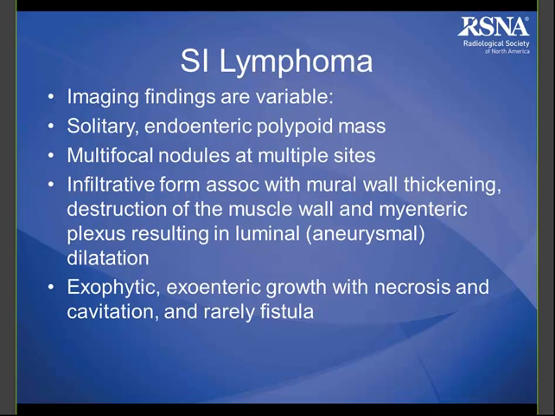Lymphoma, being more of a soft tumor, is not like the adenocarcinomas that can elicit a desmoplastic reaction. Even with extensive disease, we've seen a lot of cases where there's no associated bowel obstruction.